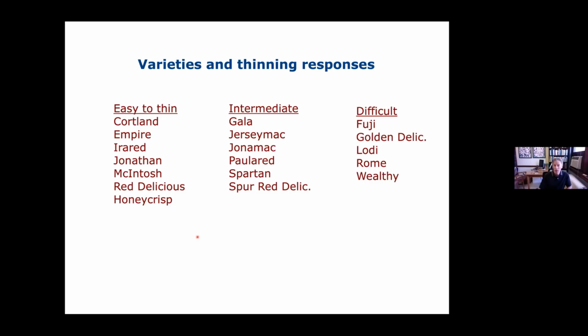But growers will know that my Fuji, they're much more difficult to thin, so I need to be a bit more aggressive on those. But if I apply that same aggressive spray to my Macintosh or my Red Delicious or my Honeycrisp, then it might over-thin them. And so I'm going to adjust how aggressive I'm going to be according to how easy or difficult to thin a particular cultivar is.